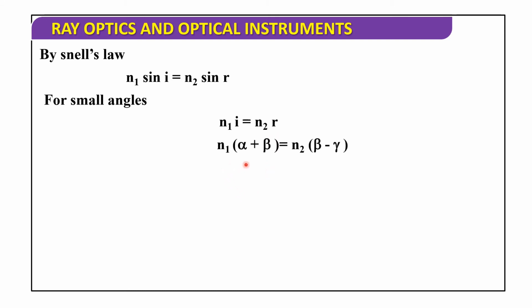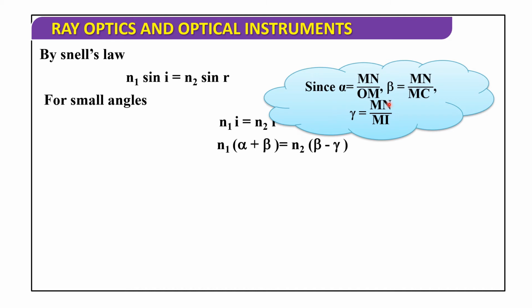In place of i we substitute alpha plus beta, and in place of r we substitute beta minus gamma. Then we get n1 of alpha plus beta equals n2 of beta minus gamma. Since alpha is equal to MN by OM, beta is equal to MN by MC, and gamma is equal to MN by MI.